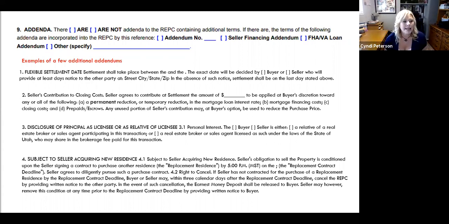I've got a few examples of additional addendums that you may include, and they can either be an addendum on their own or an addendum with several things. The reason I did it this way is I want you to notice that if somebody does addendum number 1 and clicks on there, that addendum 1 is included. But addendum 1 has several clauses that they've downloaded onto there.